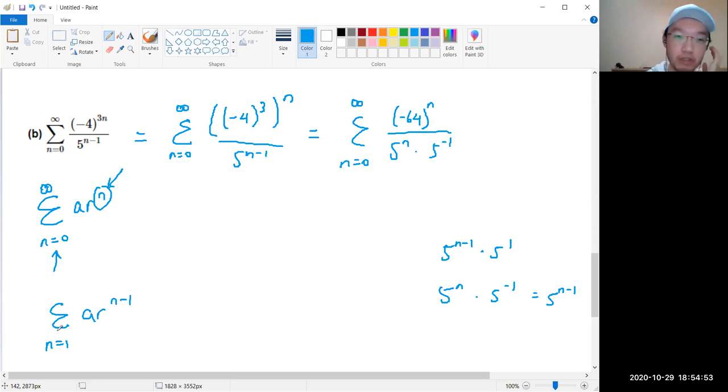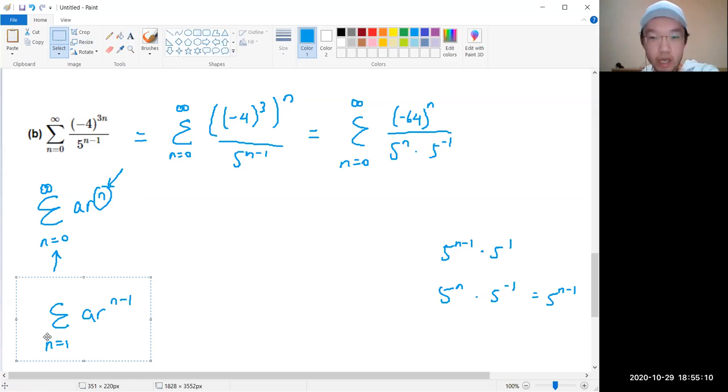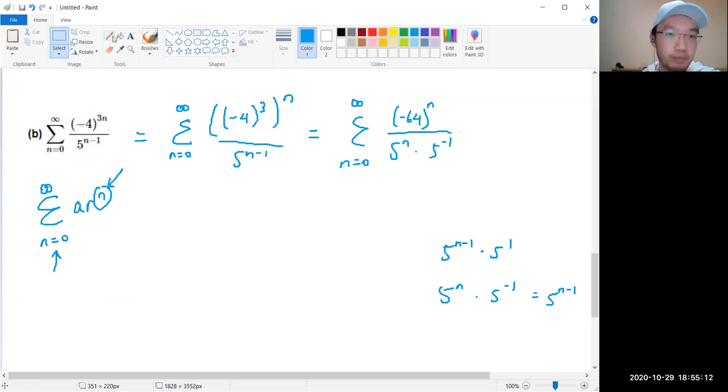So there's really no point in shifting the index. We just want to match the exponent to the index, based on which form we want it to be in. So yeah. Anyways, let's continue our work here.